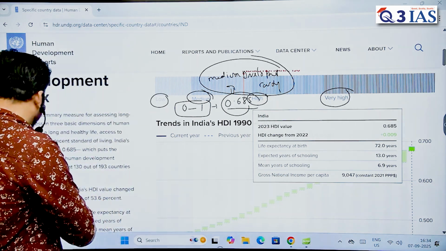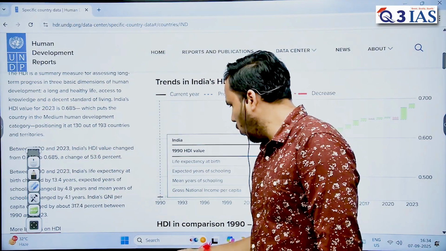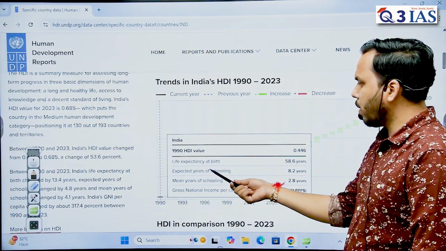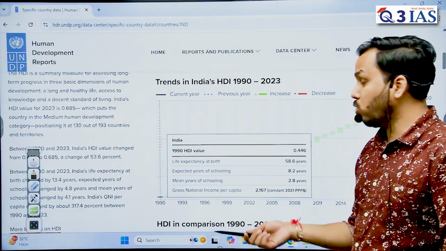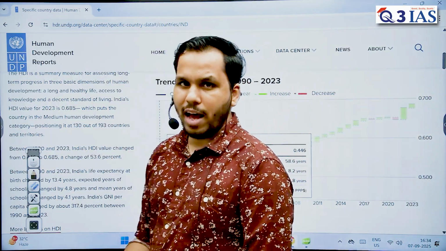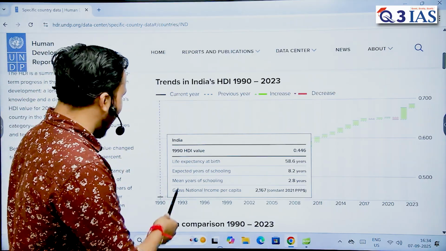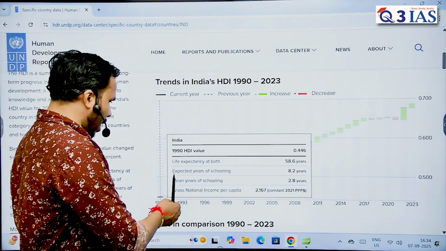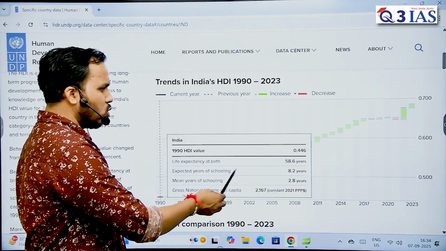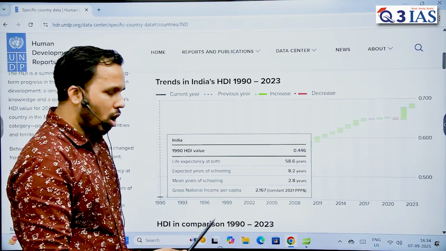One more thing, this report has been published since the 1990s. So we can clearly see here life expectancy at birth was 58.6 years. Now it has slightly improved. Currently we have 72 years of life expectancy at birth. Earlier the expected years of schooling was 8.2 years. Currently we have 13 years. We have improved a lot.